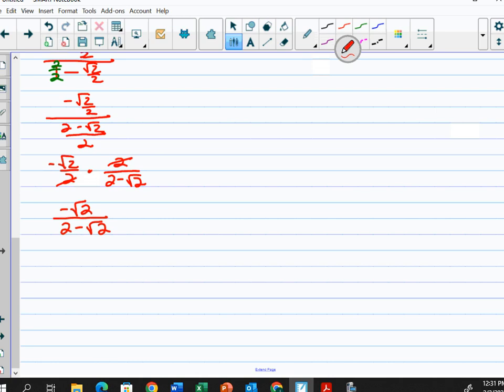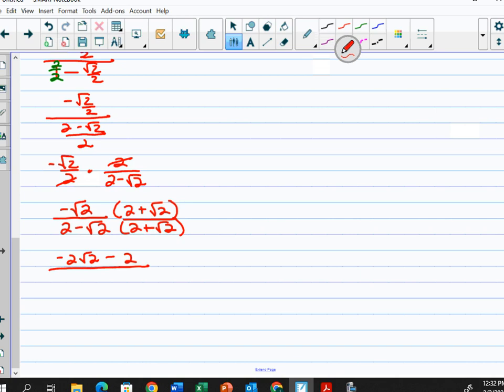If you are getting to this part, in theory, you should rationalize from here. If on your assessment you're getting here, I'm probably going to give you most, if not all, of the points for that. You're doing well. Let me just show you the rationalizing. It'd be times the conjugate. So you would get negative 2 root 2 minus 2.